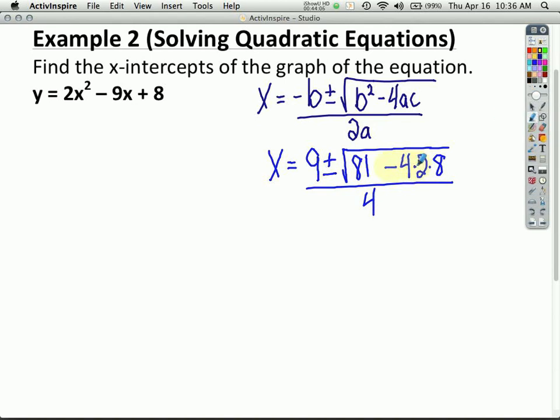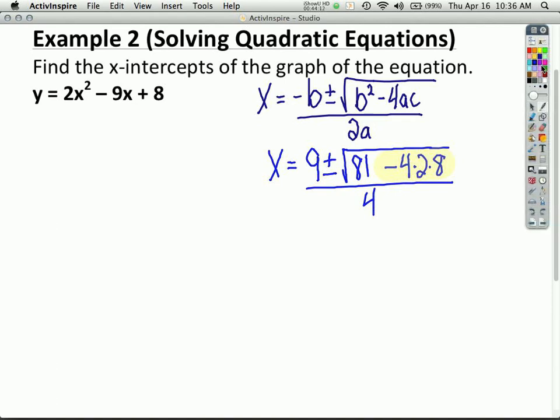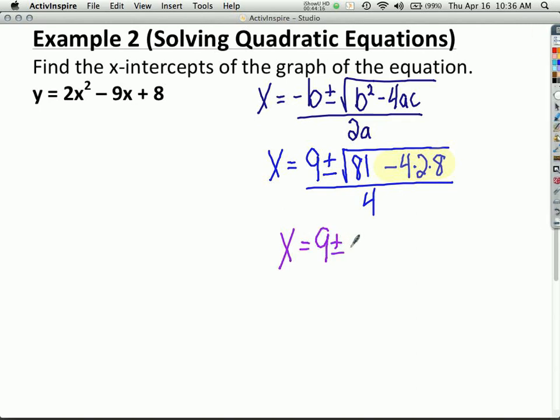Start with this, being very careful. If x equals 9 plus or minus the square root of all over 4, what do we get when we do negative 4 times 2 times 8? Belinda? Negative 64. Good.